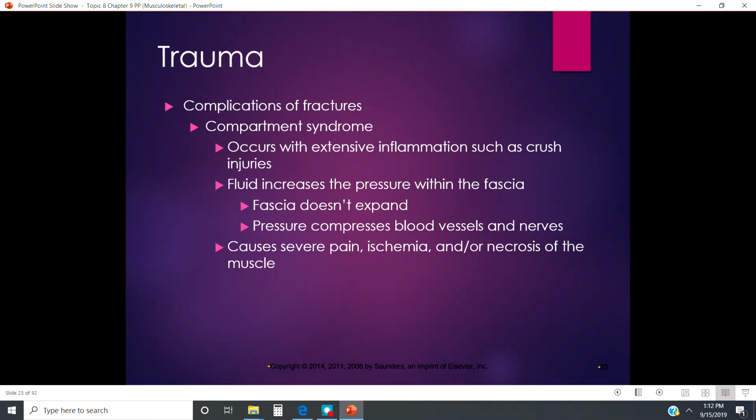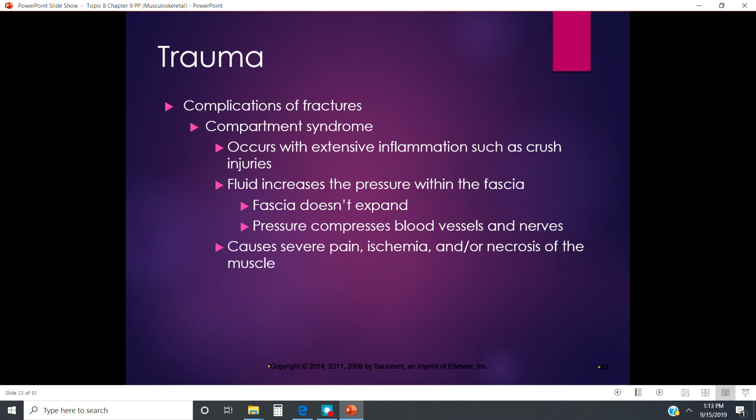Another complication is something known as compartment syndrome. This occurs with extensive inflammation. So whenever we have extensive inflammation, usually they're seen with crush injuries. There's an increased pressure within the fascia. We know that the fascia, the deep fascia that's around muscles, let's say in the leg, is not elastic.